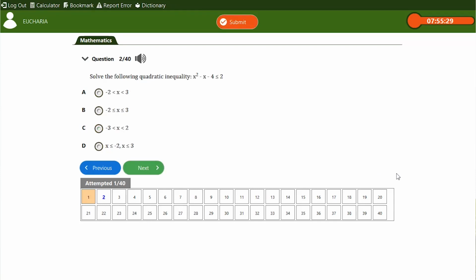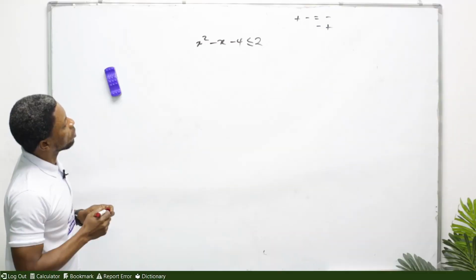Look at the next question we have here. Let's go to the next question. I have x squared minus x minus 4 less than or equal to 2. Look at the equation we have here.